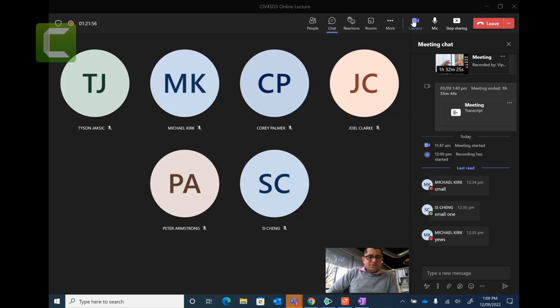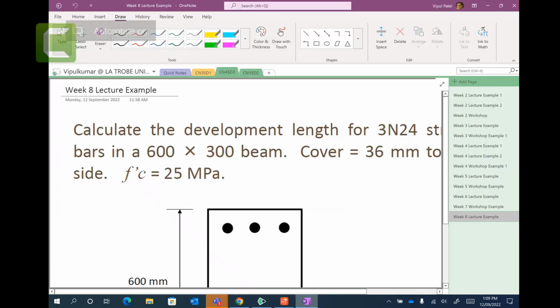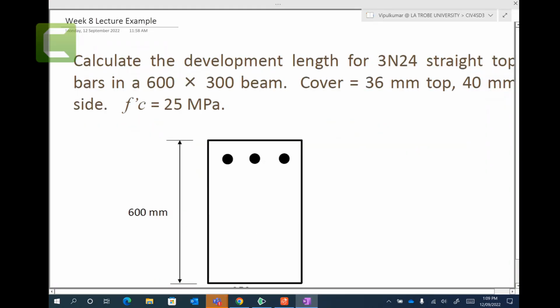Let me know if it makes sense or completely out of track. All good then. Let's turn off this and let's just use this one. I hope you can see the screen.